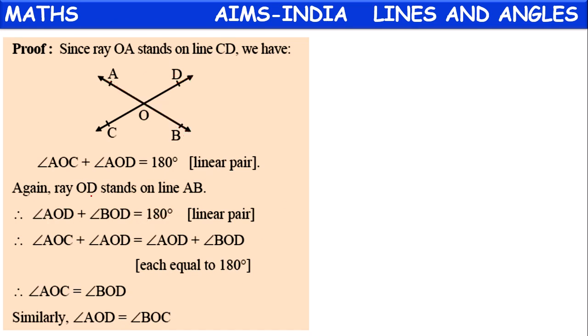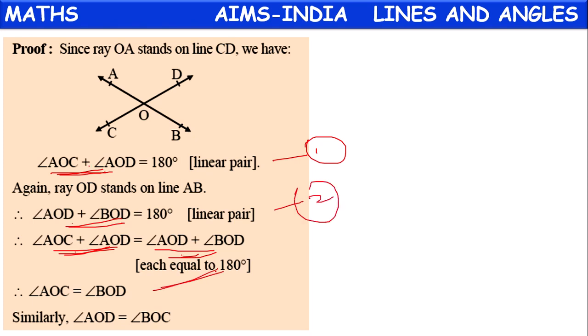From these two, we can equate, because both are equal to 180 degrees: AOC plus AOD equals AOD plus BOD. Then AOD cancels. So AOC equals BOD.